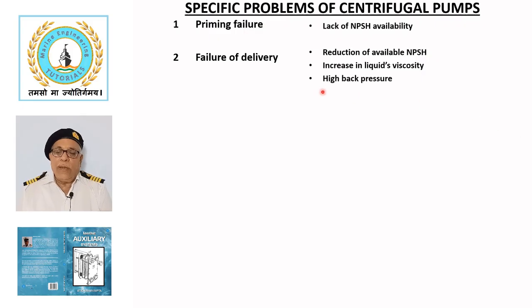Pump may also fail to deliver if it experiences high back pressure due to closed valve, very long pipe line or storage tank at very high level. This problem can be dealt by comparing the pump's performance with shop trial data.